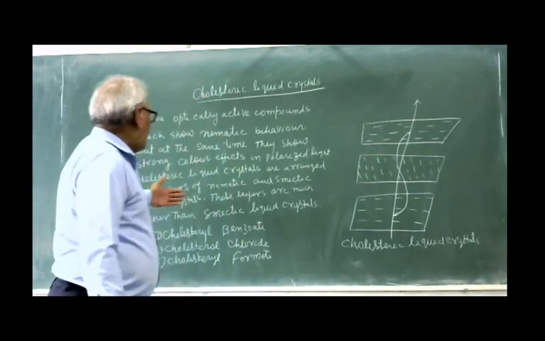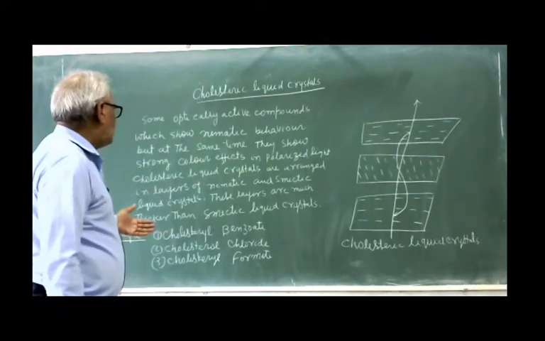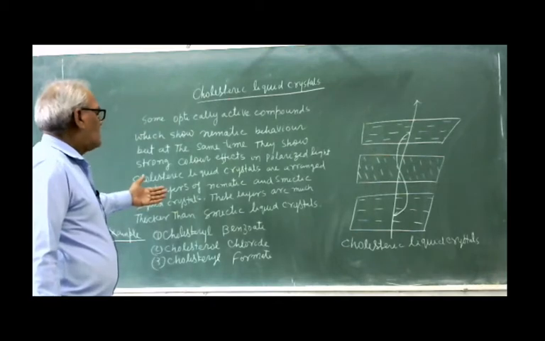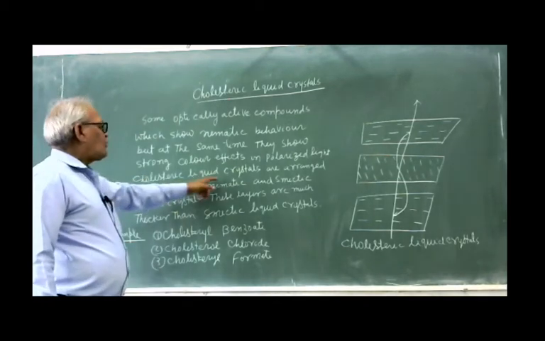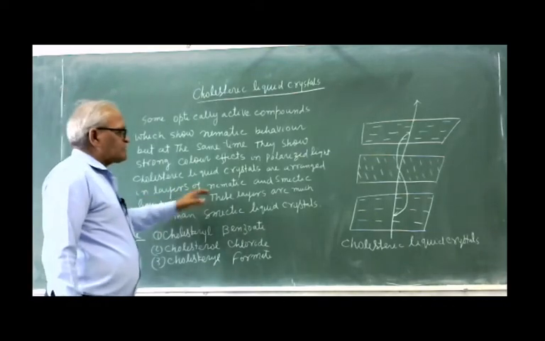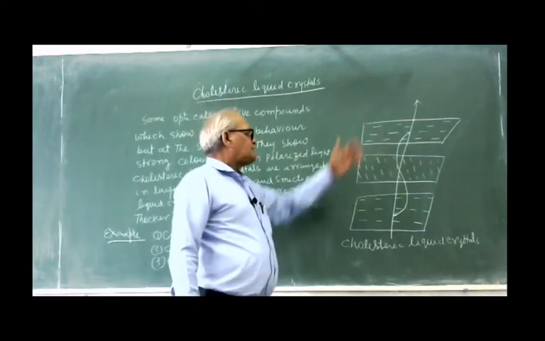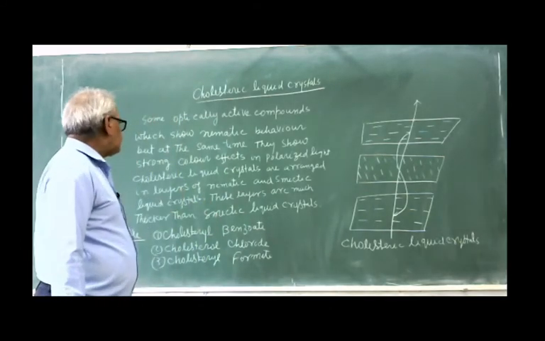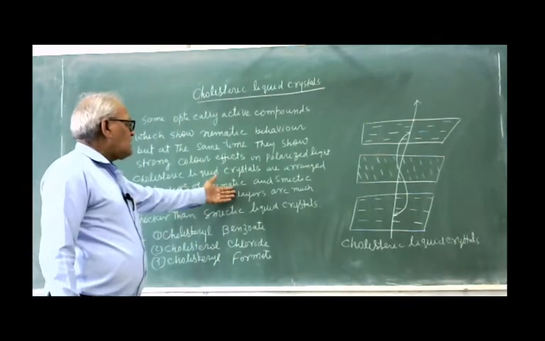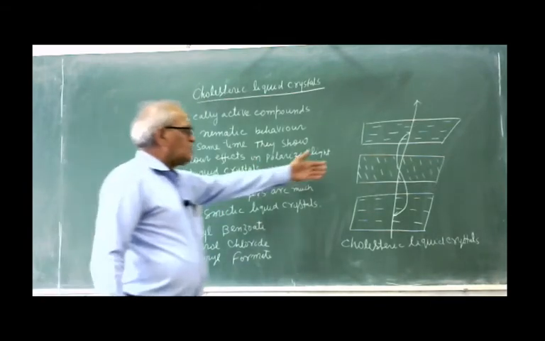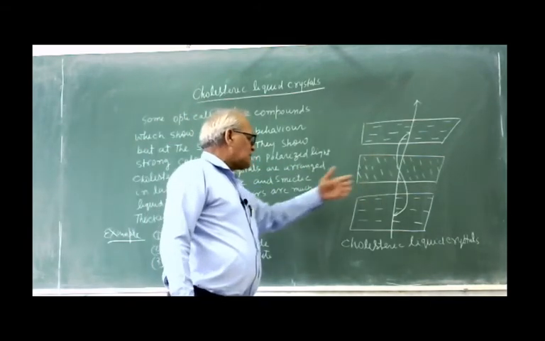So in this way, simply you can say cholesteric liquid crystals are arranged in layers of nematic and smectic. This is the nematic and this is the smectic.